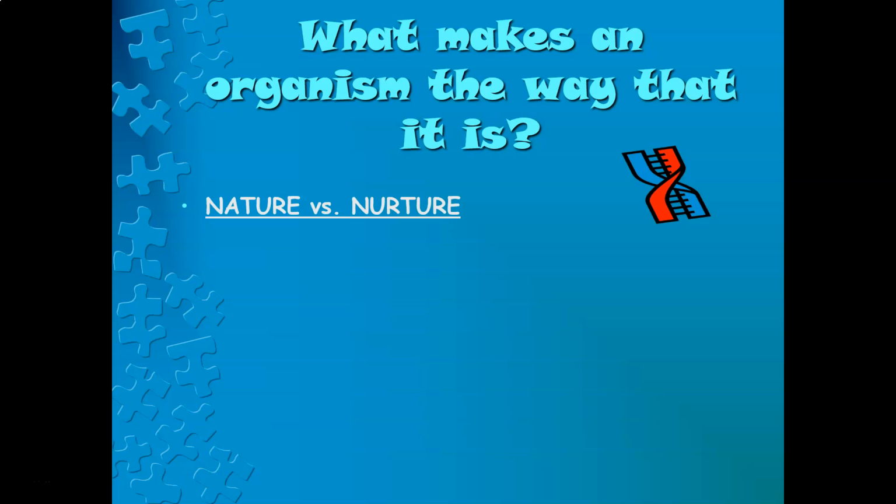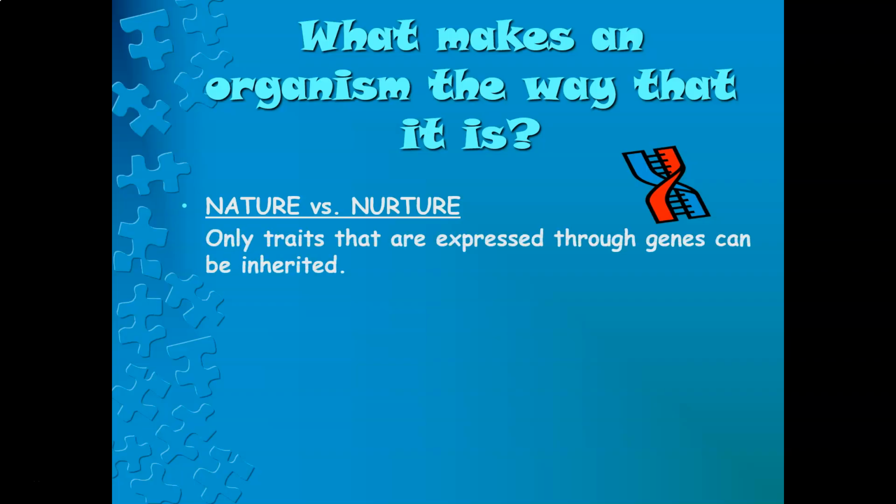One last thing that I wanted to point out before we move on from these exceptions to Mendel's inheritance is just what makes the organism what it is. And there's been this sort of existential debate for a long time about how much of your genes are determined by nature versus nurture, how much is coded for in your genes versus how much is influenced by your environment.